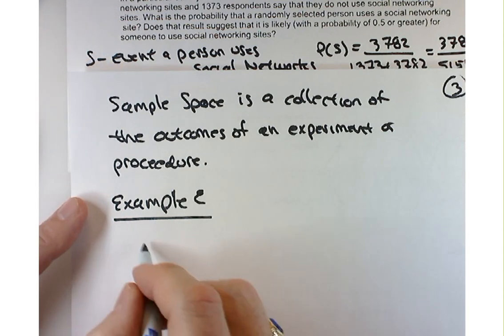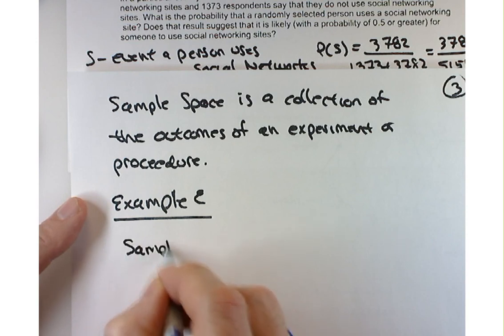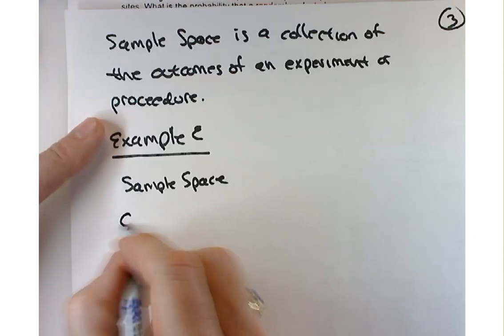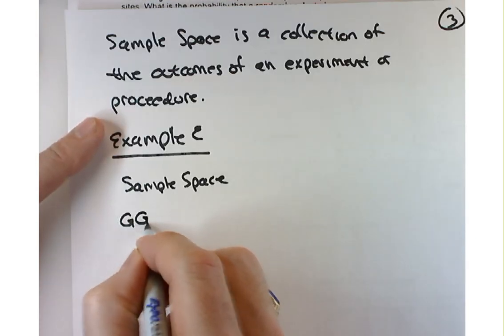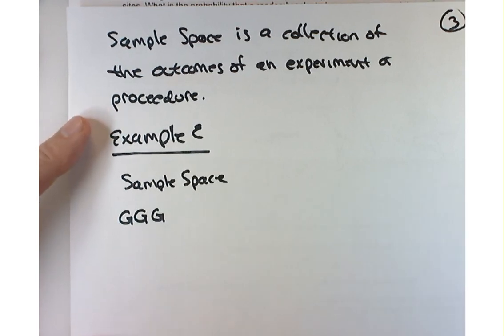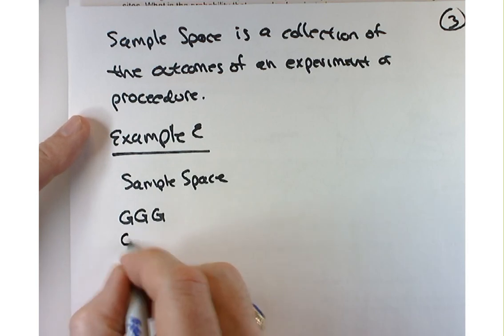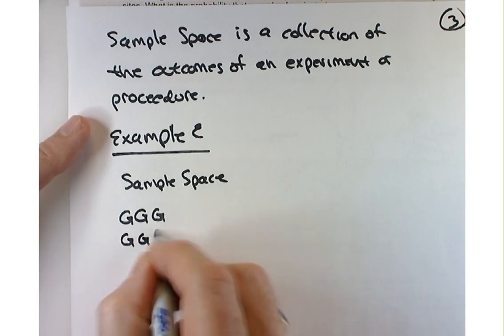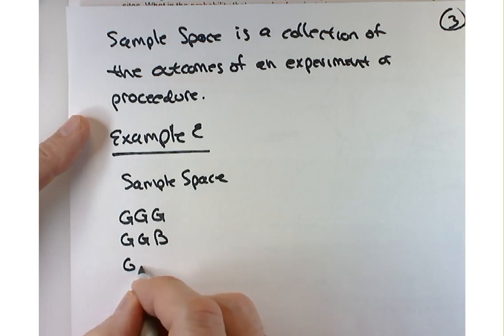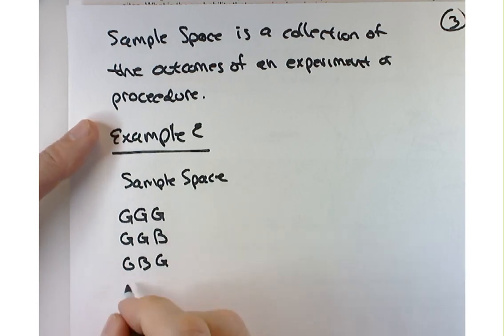So our sample space: you could have a baby girl, and then another baby girl, and then another baby girl. So you have 3 girls. Or you could start out with 2 girls and then have a boy. Or you could start out with a girl, and then a boy, and then another girl. And finally, a girl, a boy, and another boy.